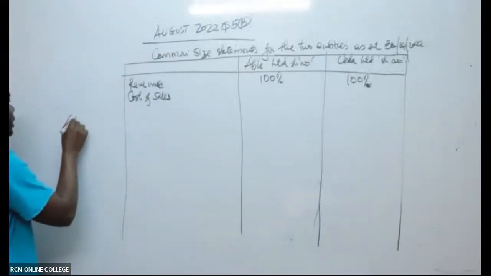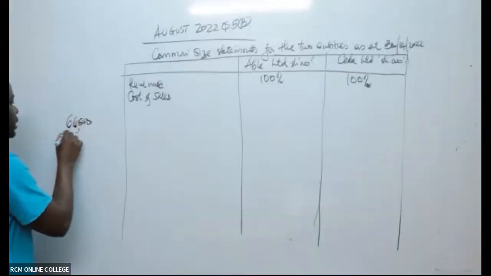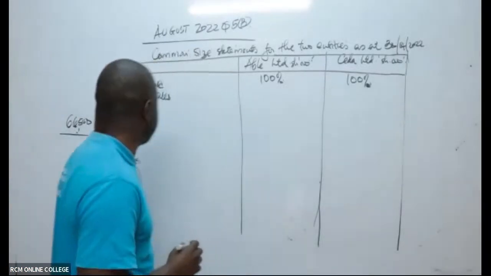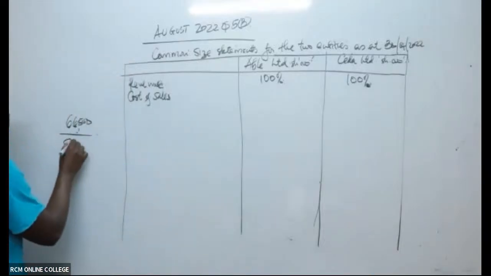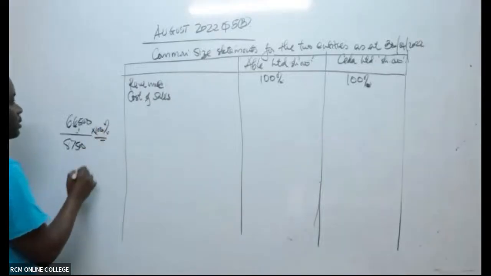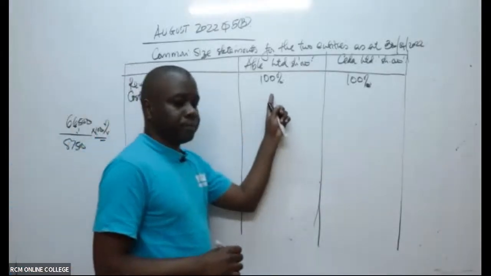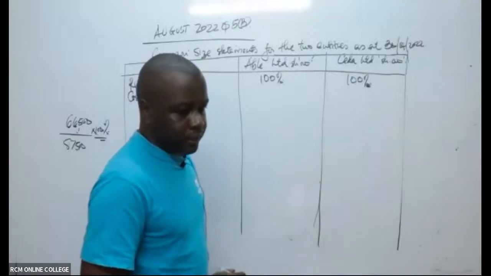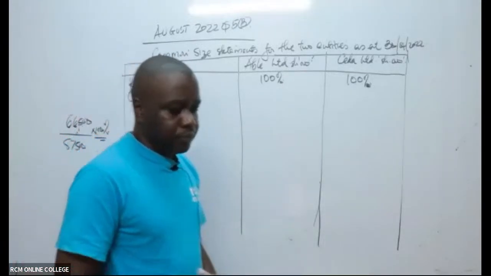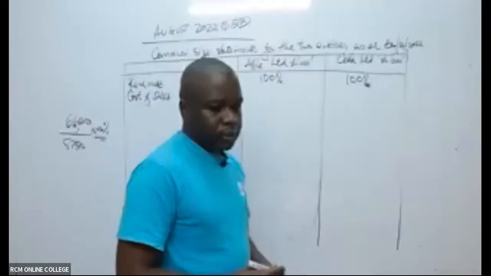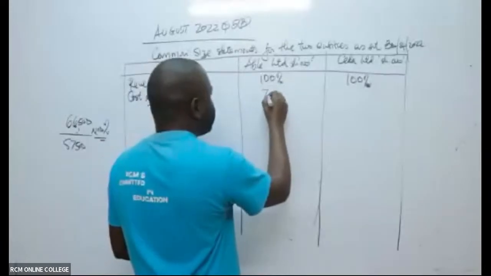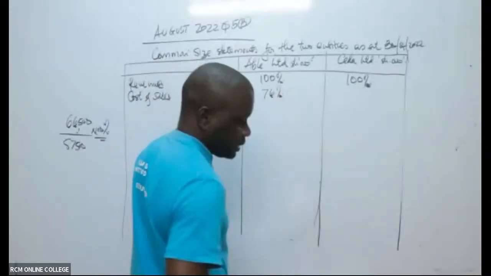It will be 66,500 divided by the sales, which is the base, that is 87,500. Then you multiply by 100%. So what are you getting as the percentage? I can see you're saying 76%. It is 76%.